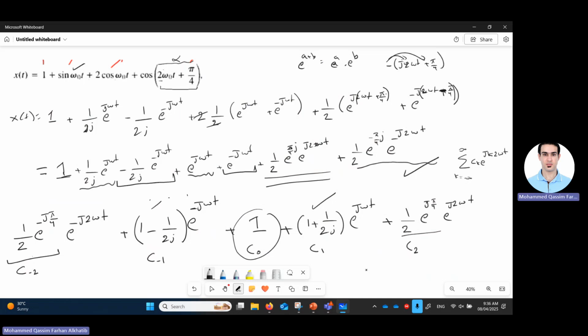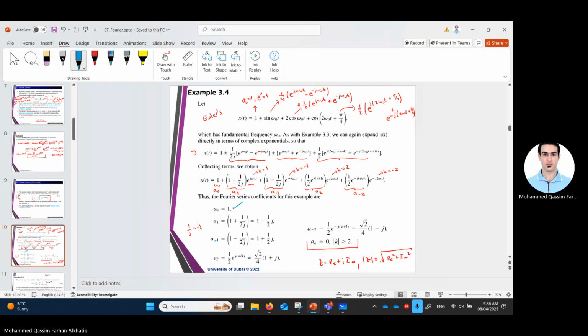And you still have to mention that c of k equals 0 at k not equal to -2, -1, 0, 1, 2. Like if k is not one of these values, then the coefficient will be 0. And that's another representation for that.